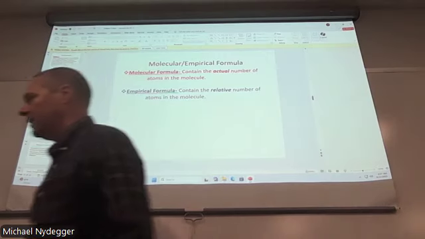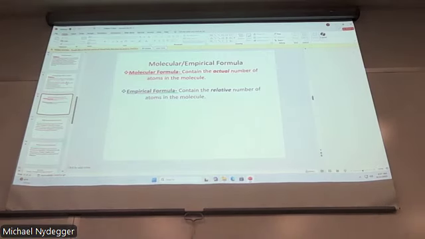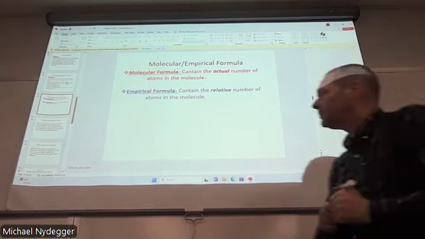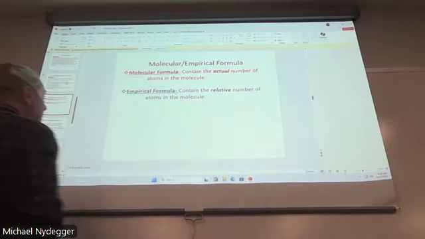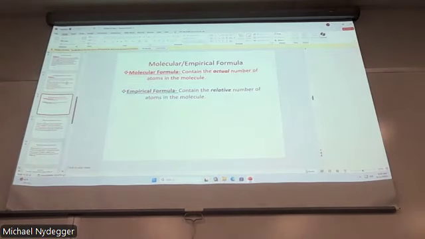So, for example, if we look at a sugar, for something like glucose, we would have C6H12O6. That would be the molecular. We looked at CH2O. That would be the empirical. So the molecular formula is going to contain the actual number of atoms in a molecule.